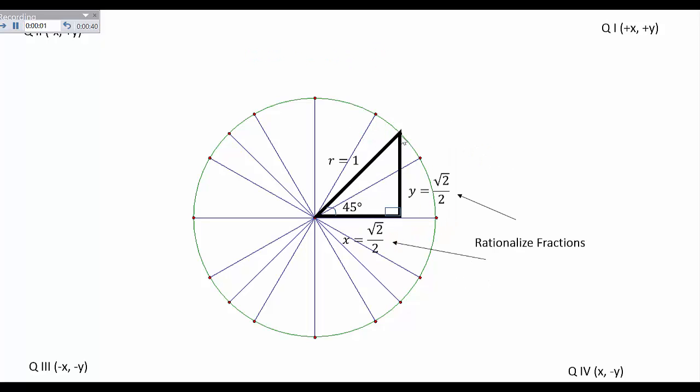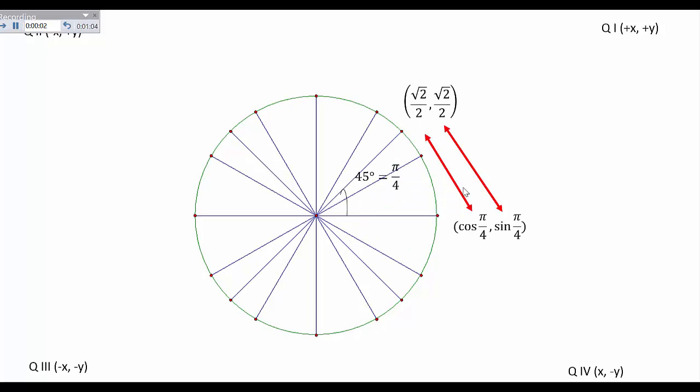So now our triangle is scaled down to have a radius of 1, and the x distance is the square root of 2 over 2, which is the same as the y distance. So we know that the point that intersects the unit circle and lays on the terminal side of 45 degrees would be the square root of 2 over 2, comma, the square root of 2 over 2.